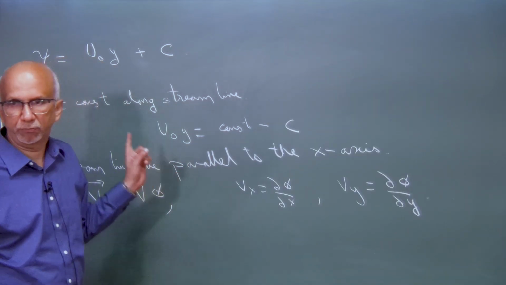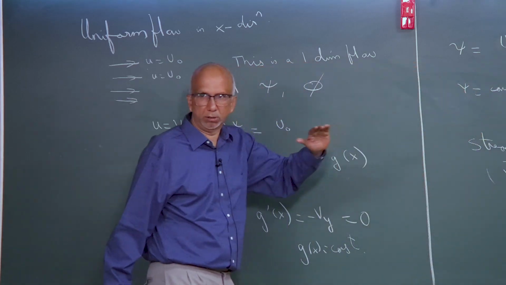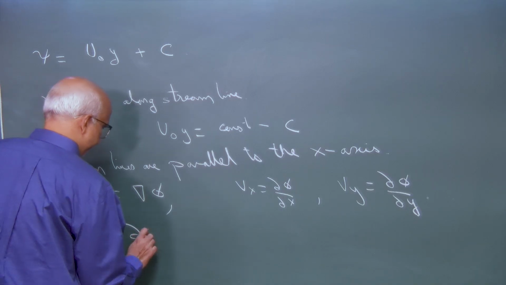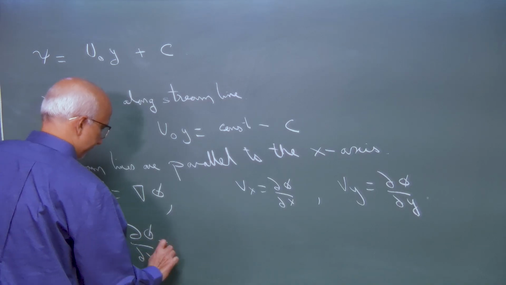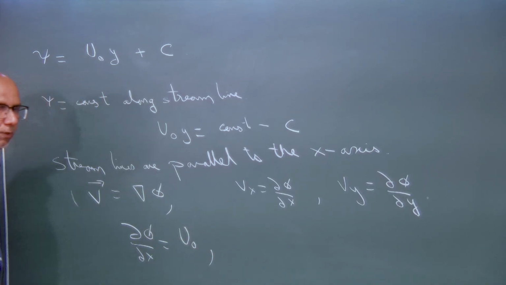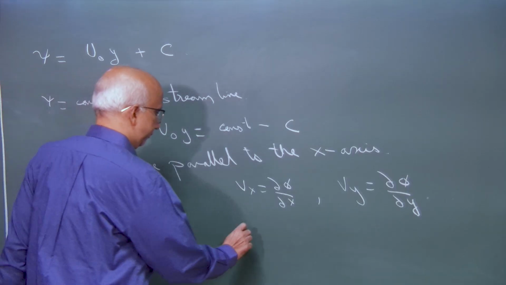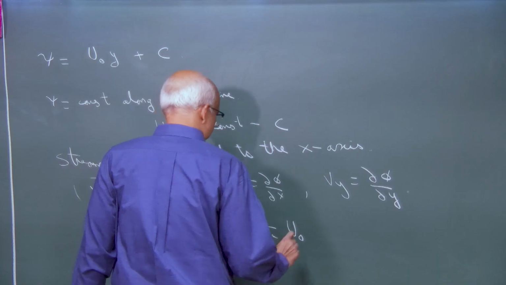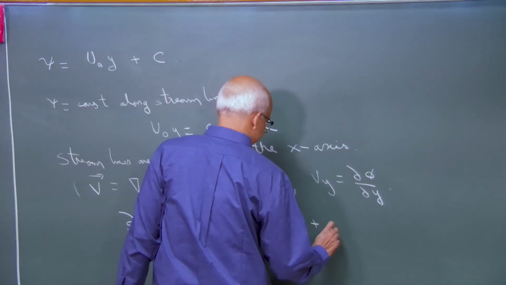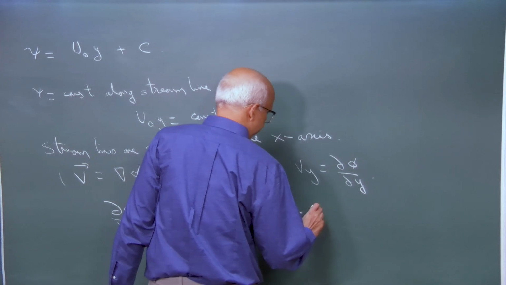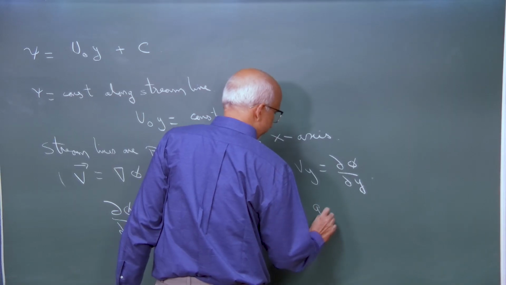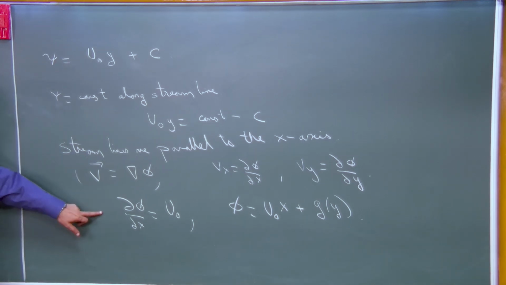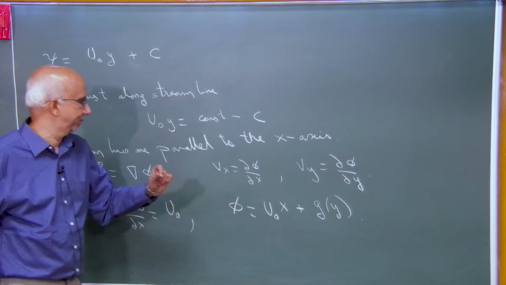Vx is, for our problem, u naught. Okay. So, d phi by dx is equal to u naught, or phi equal to u naught x plus, again I am integrating in the x direction, this could be some function of y. Is this clear? I am integrating this, I get that.